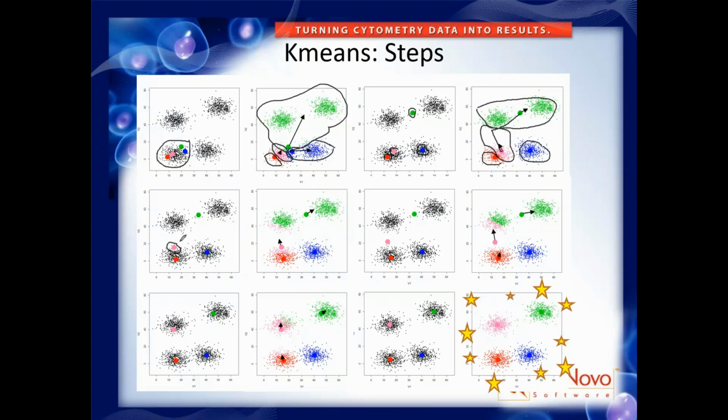And so then we do that again, and it turns out now there's even more cells from that top cluster that are closer to the pink than they are to the green. And the green cells are over here. And so what's happening is that the centroid is being moved for the green towards there, and the pink cluster is being pushed up towards the top. And so again, you repeat it and you say, oh, now look, there's even more of this cluster.